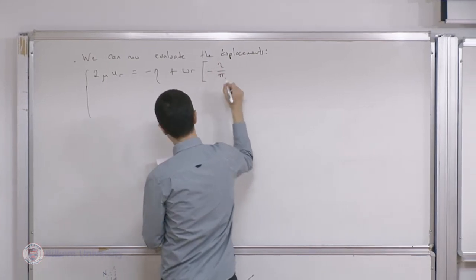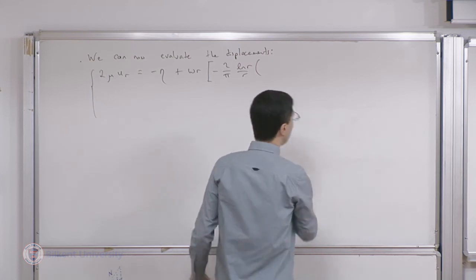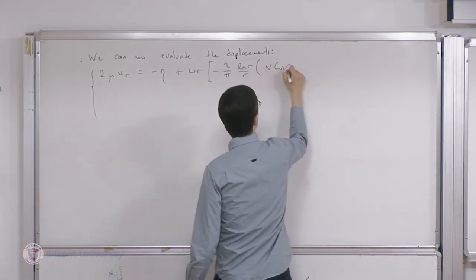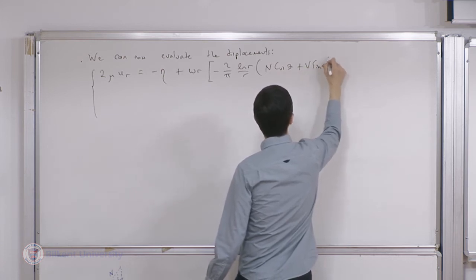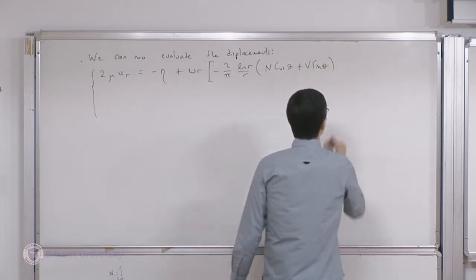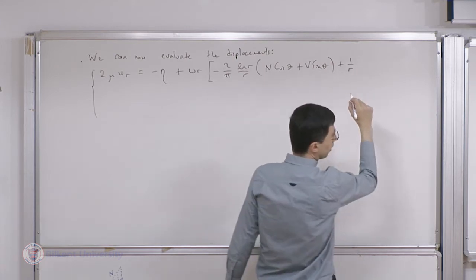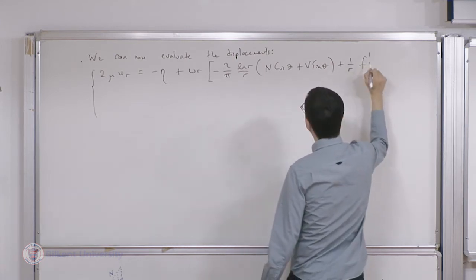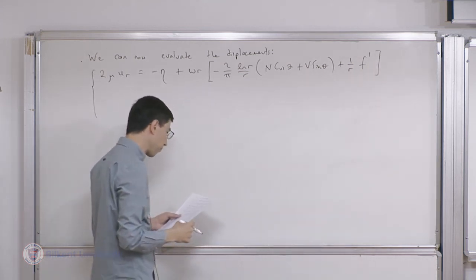Minus 2 over pi ln r over r, and cosine theta plus v sine theta, plus 1 over r f prime theta. I know what f is, so I can evaluate f prime.